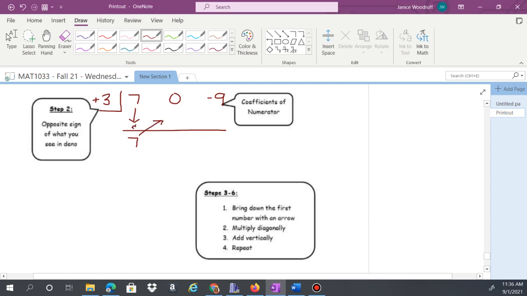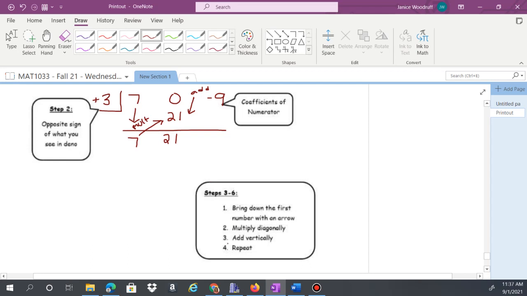So I'm going to draw this line and I'm going to write, if it will let me, multiply. There. So 7 times 3 is 21. Then I'm going to add 0 plus 21. So 0 plus 21, 21.